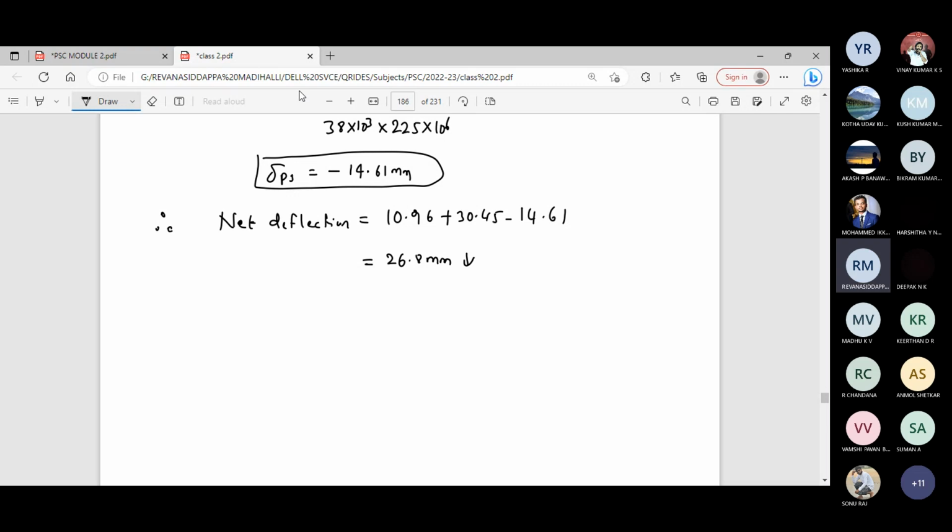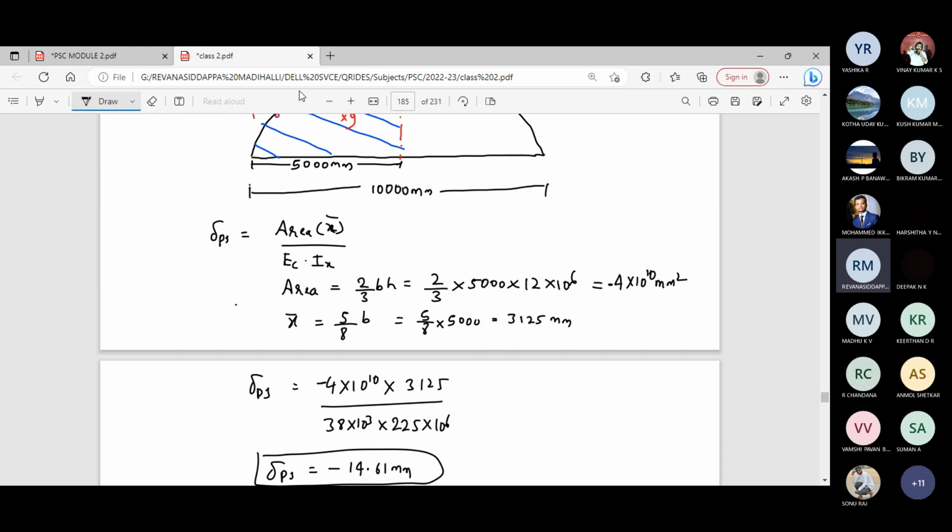Plus 26.8 millimeter represents deflection is in downward direction. This is the net deflection. This is the short-term deflection.